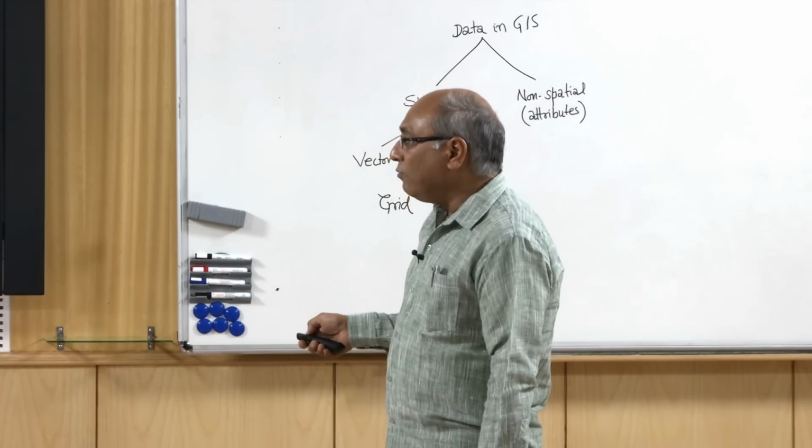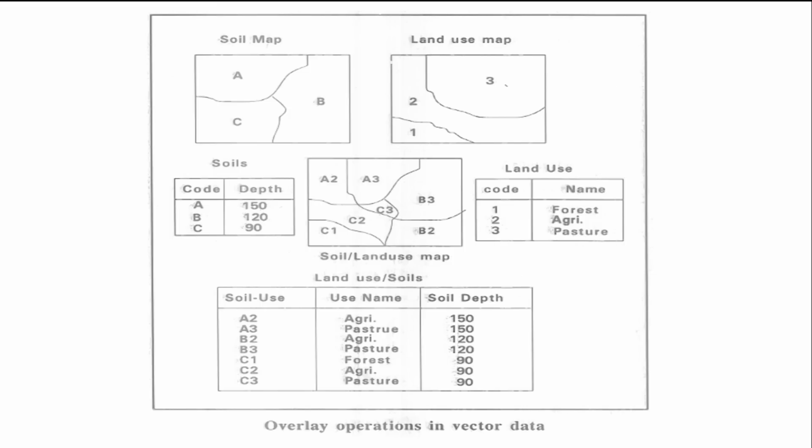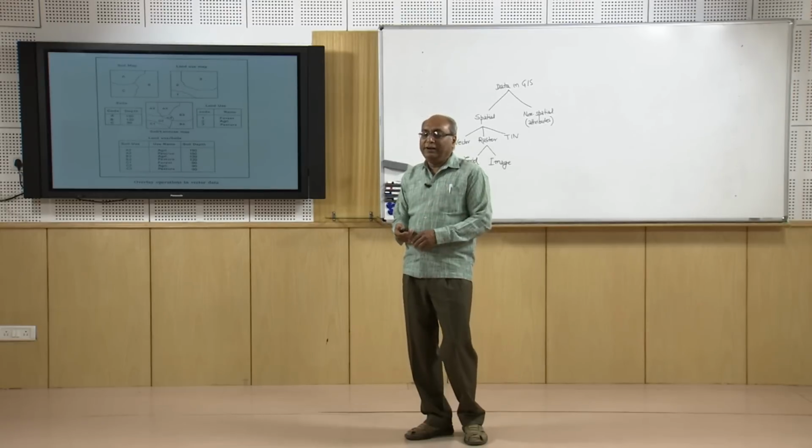One more attribute has been added; initially each had a single attribute, now there is one more, and the ID has also changed. So you are having soil and land use. A2 is having a part of A of the soil map, and unit 2 of the land use map, and likewise you can have overlay even in vector data to certain limits.